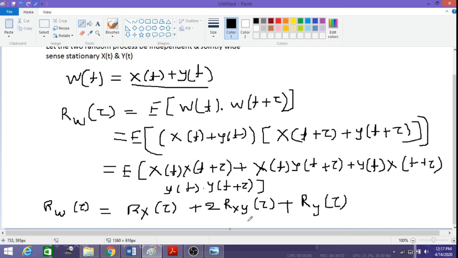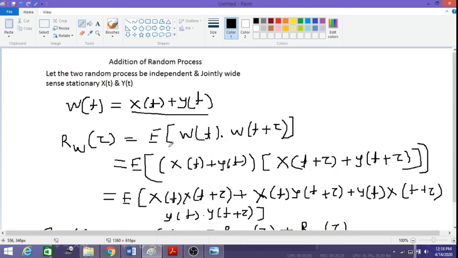Just a minute, hold on, because if x of t and y of t are independent, the cross correlation Rxy of tau is equal to, so what does the cross correlation function define? Expectation of x of t with y of t plus tau.